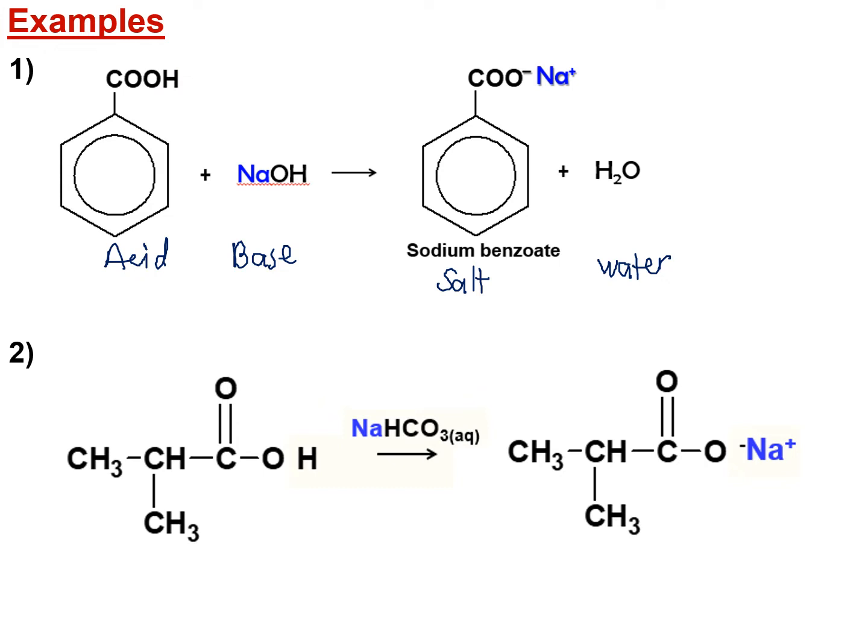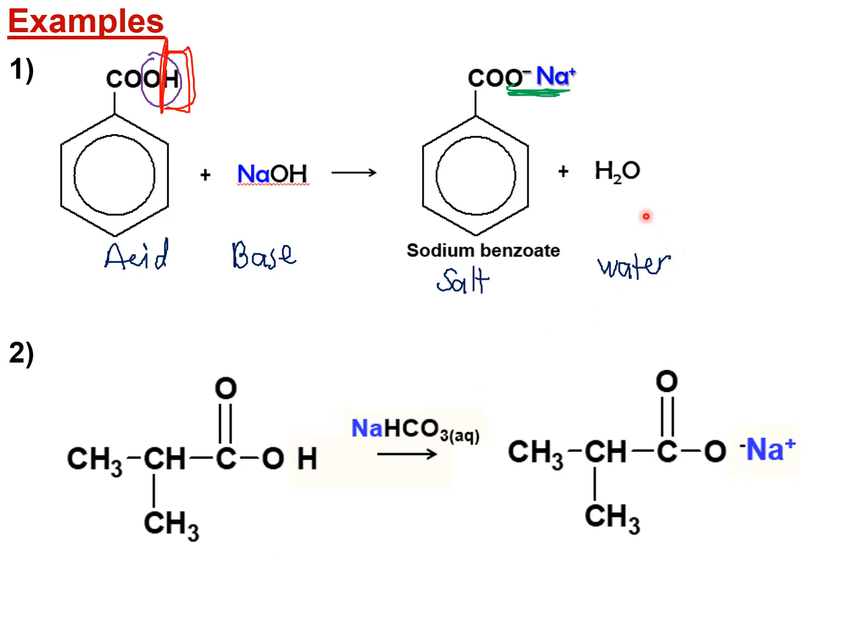You need to focus at this OH, kerana kita akan buang the hydrogen at the OH of the carboxylic acids. Okay, so kita buang hydrogen ni, kita gantikan dengan Na+. Okay, so this is what we call it as carboxylate salts.